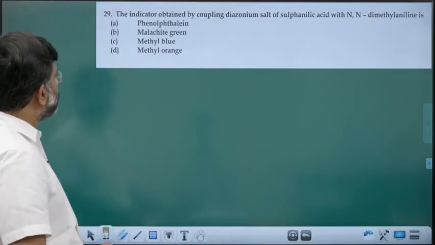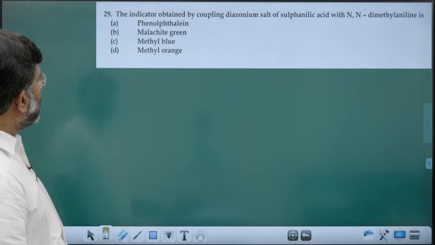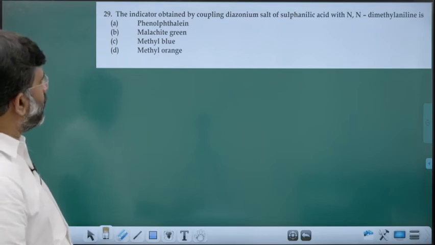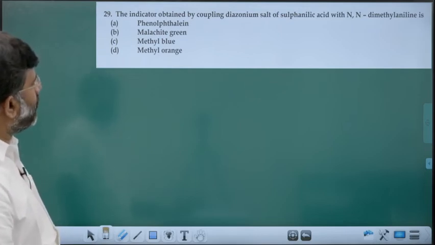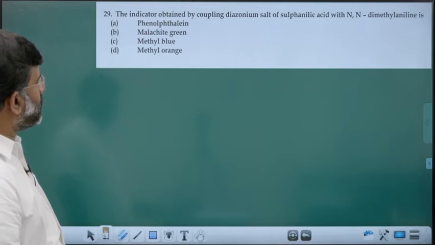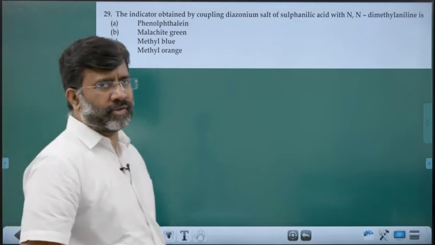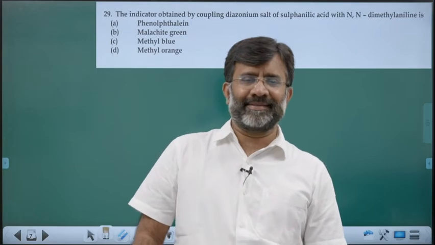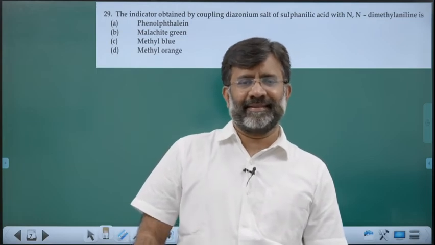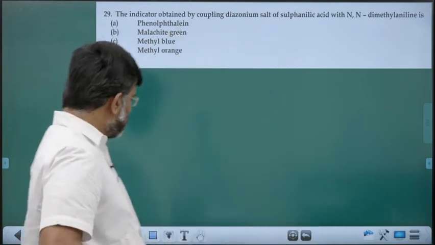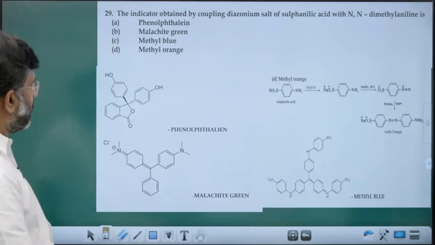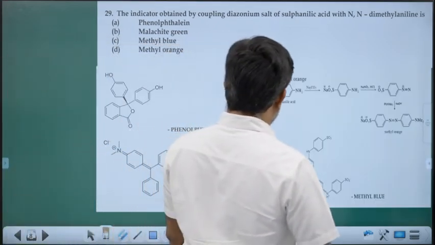Next one. The indicator obtained by coupling the diazonium salt of sulfanilic acid with N,N-dimethyl aniline is methyl orange. What is the reaction happening?